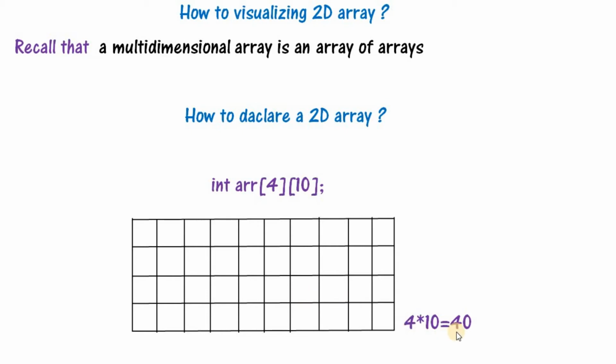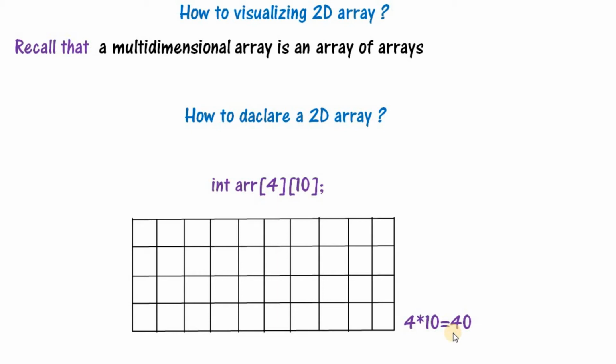So what is the conclusion? This first size means the number of rows, and this means the number of columns. And in order to calculate the size of a 2D array, we have to multiply the number of rows by the number of columns. In this case, for the size of the array we multiply 4 by 10, which is 40. This array is capable of storing 40 elements.